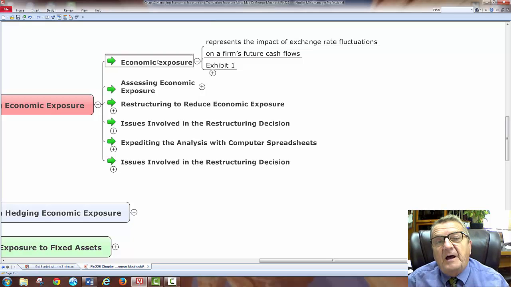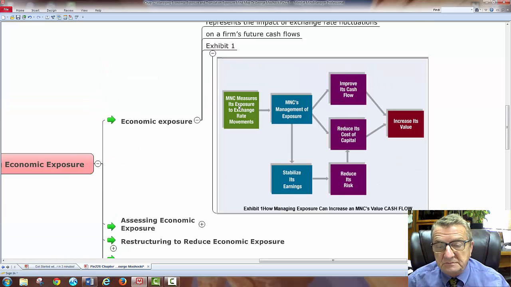Bottom line is, the local subsidiary should be doing well, but how does that component affect the MNC as a total? And here's your exhibit, basically looking at the increase of its value. Managing exposure improves its cash flows and reduces the cost of capital. It means I have to buy something in currency, and either pay it off or get a better deal.